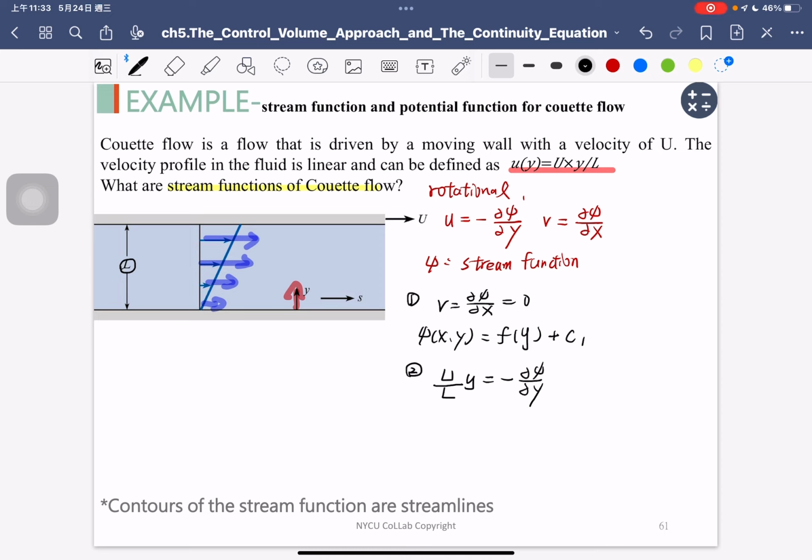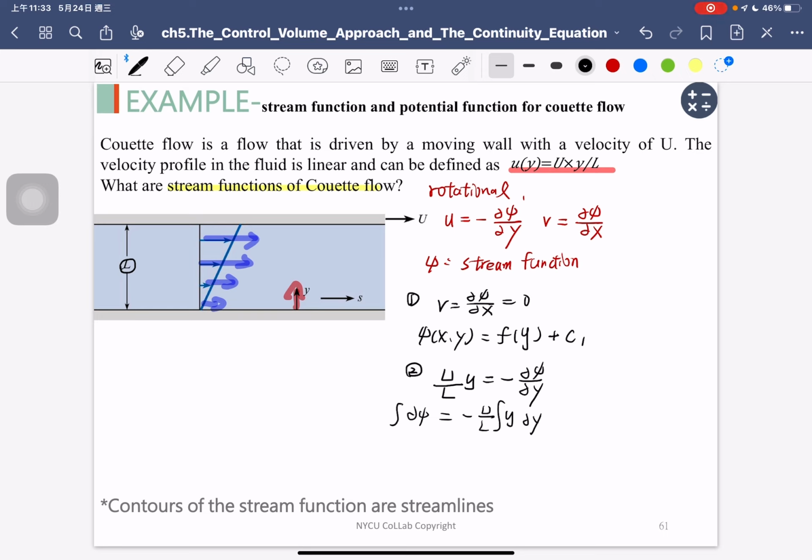So we can rewrite the equation as dψ equals minus U/L times y dy, okay? So we can do the integration on both sides.